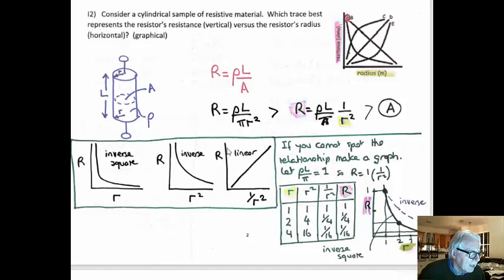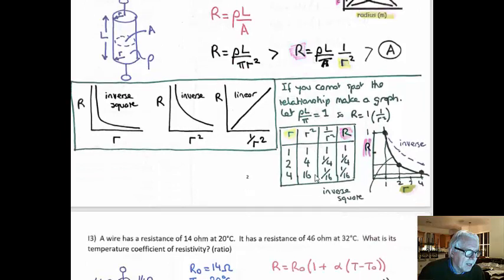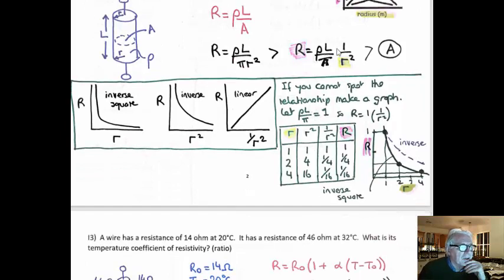I put a note here and I say, if you cannot spot the relationship, if you can't look at that and say that's an inverse square, then what do you do? And the answer is you make a graph. And the trick with making a graph is you look at your equation, and anything you don't want to mess with, you call 1. So the rho L over pi is 1. Just forget it, it's 1.